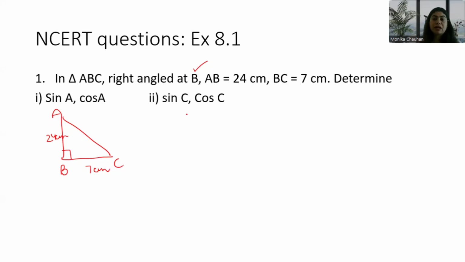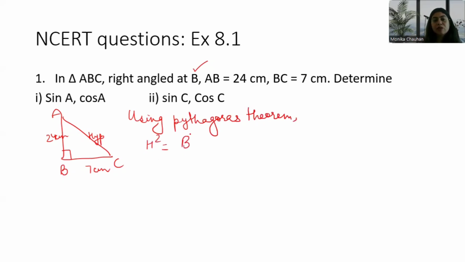And how do we get that? We can easily get this once we know what the hypotenuse is also. How to get this hypotenuse part? We have to use Pythagoras theorem. So using Pythagoras theorem, let's begin. I hope you remember, hypotenuse square is equal to base square plus perpendicular square. You know why?